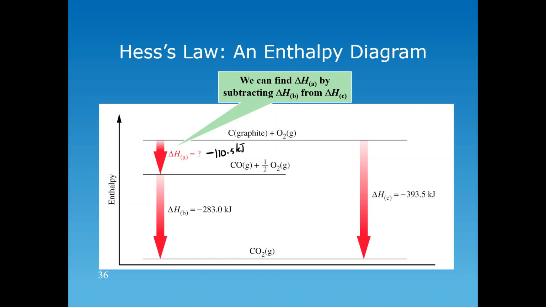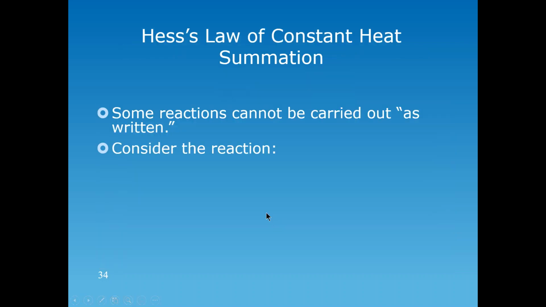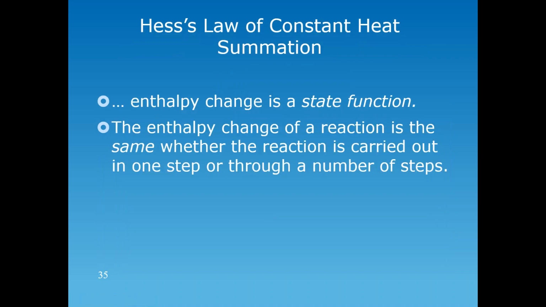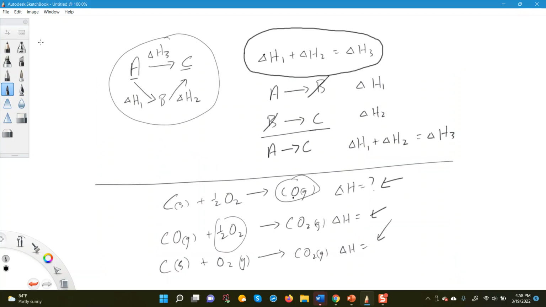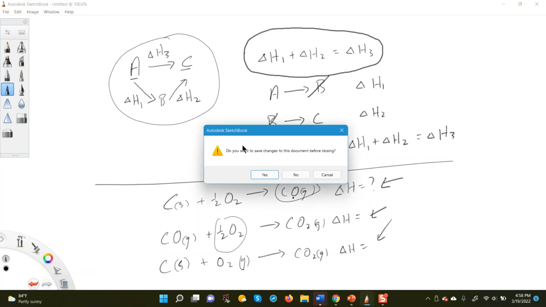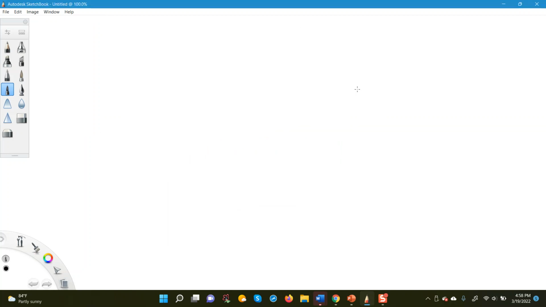So, to go from CO gas plus half O2 gas to get to CO2 gas, the delta H value for that would be equal to minus 283.0 kilojoules.